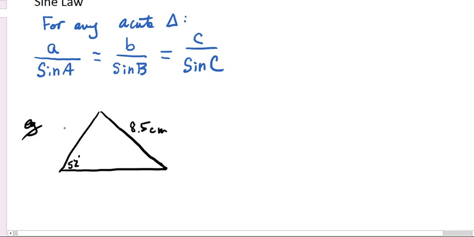And I have another length here of 7.2 centimeters. Let's call this angle A, this angle B, and this angle C. I'm going to ask you to find angle C.